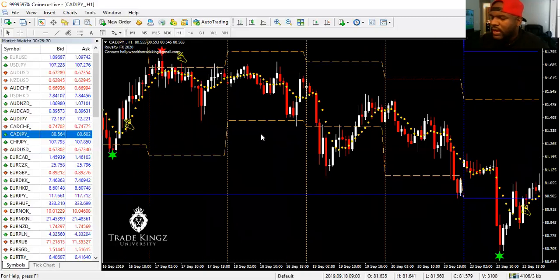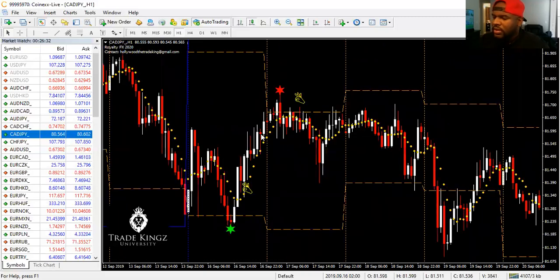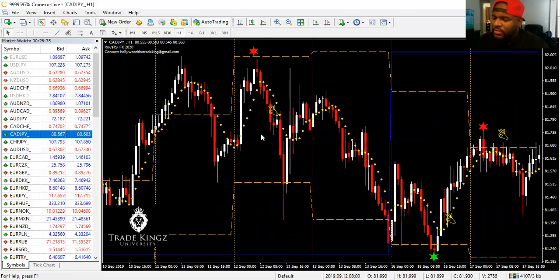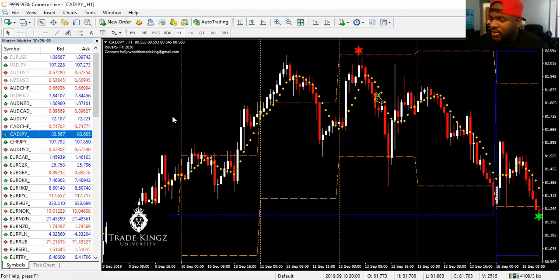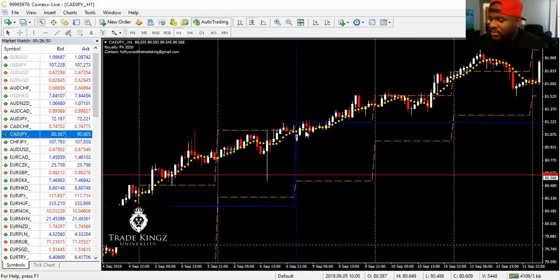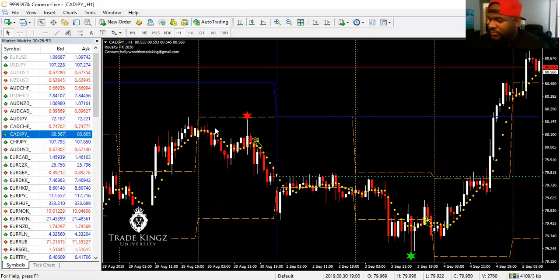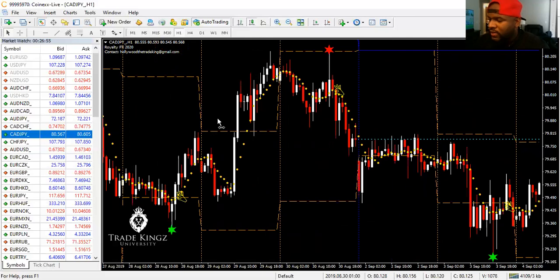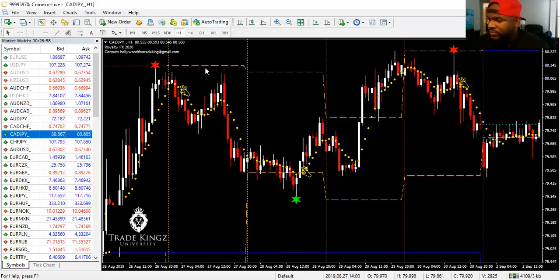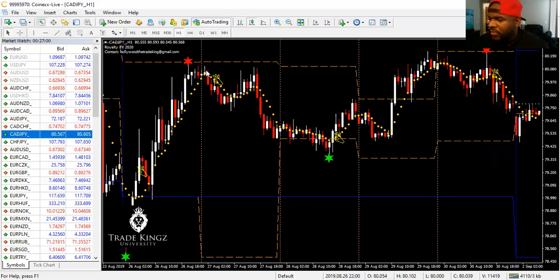Now this yellow dotted line, okay, you can use that if you want to try to get in early. That is going to give you a way to get in early. If you must get in early, you want to wait, and I'm going to show you here. See how price closed below this dotted line?